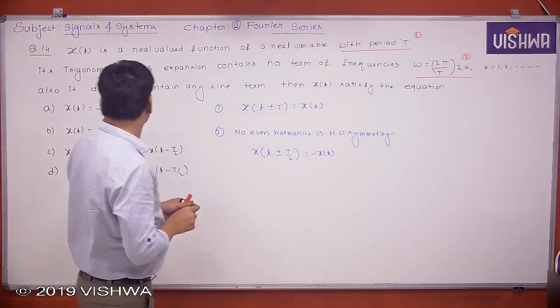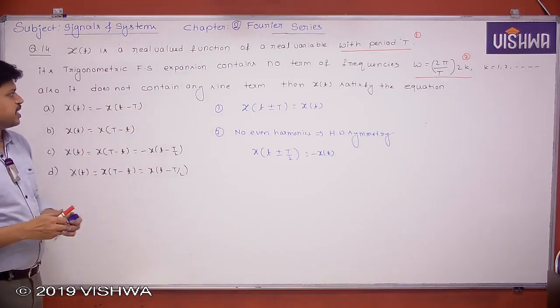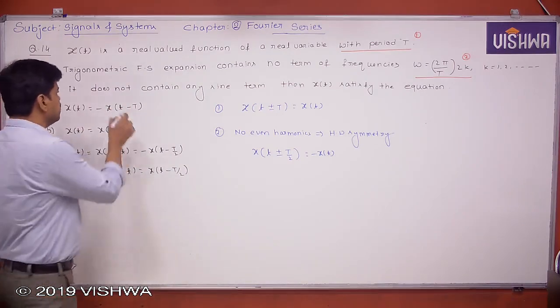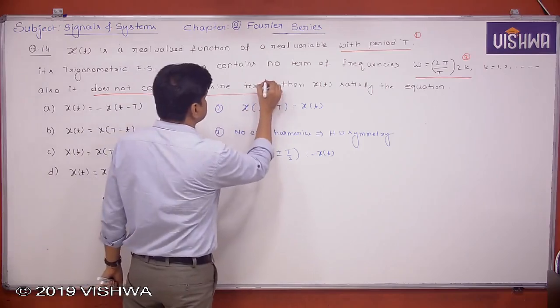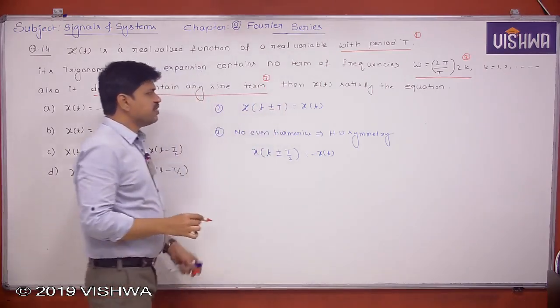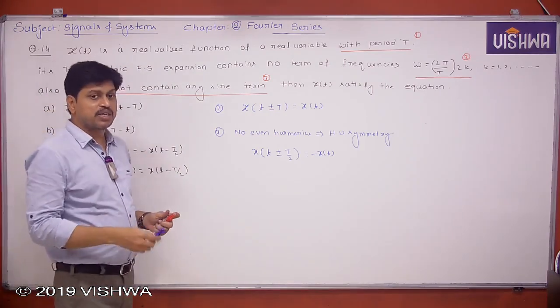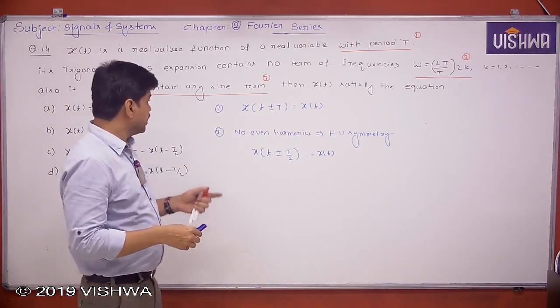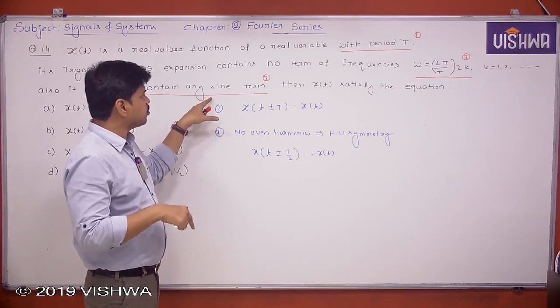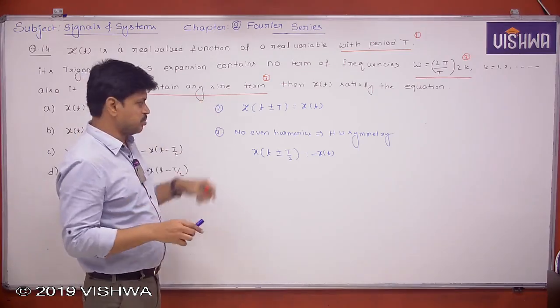Next, it does not contain any sine term. So this is the third point. If it does not contain any sine term, what is that supposed to mean? Is it having even symmetry or odd symmetry? It is having only cos terms. If it is having only cos terms, that is having only even symmetry.